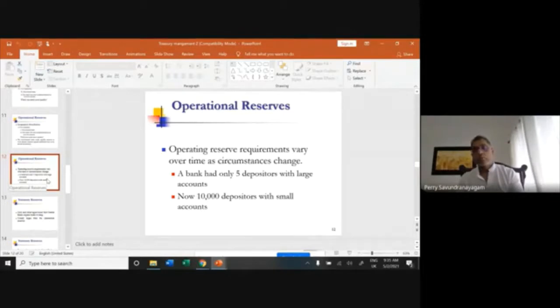But in most organizations, in most banks, you'll find that yes, there are 100,000 depositors, whatever it might be, but you'll find that the 80-20 rule applies. The number is high, but you would probably find the top 20% has the majority of the deposits in the bank. So as much as there are more depositors, the volume of deposits will be concentrated amongst about 20% of the bank's depositors.